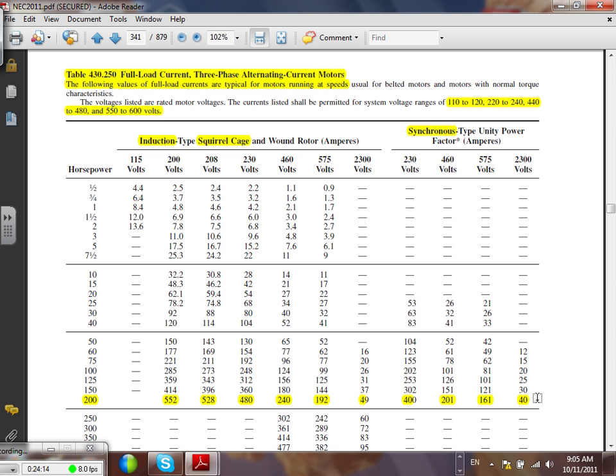The nameplate one is only used to size the overload. The one from the tables is used to size everything else. Now what the heck is everything else, Chad? Conductors, disconnects, overcurrent protection devices, magnetic starters, and all this stuff.